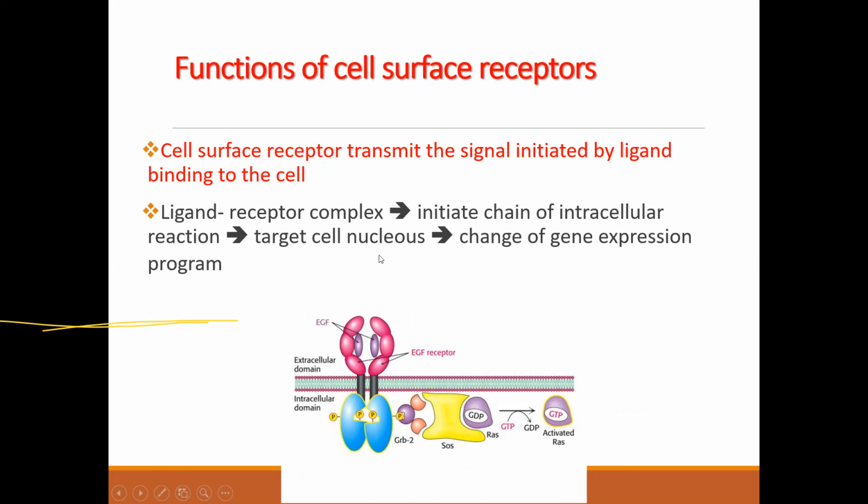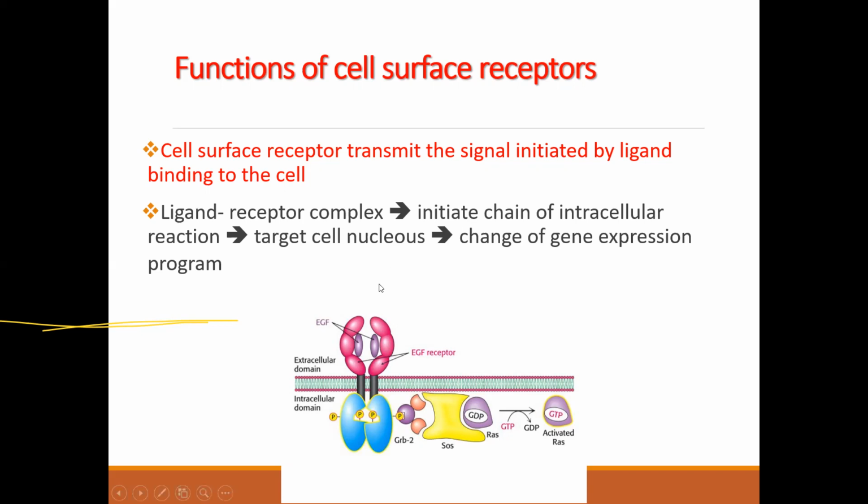Okay, when the ligand binds to the cell surface receptor, there is a mechanism or process occurring inside the cell. This is called intracellular reaction. This reaction is a chain reaction, so it means that there is a cascade reaction occurring after the ligand or signaling molecule binds to the receptor on the surface of the cell.